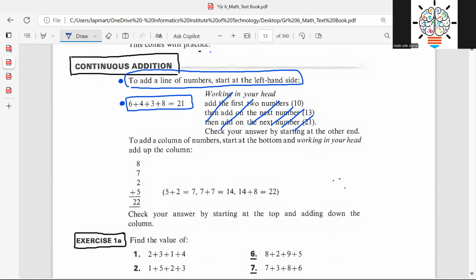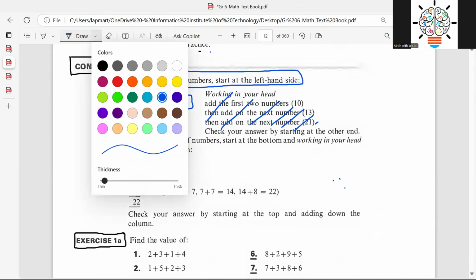You know how to do it, right? You have a few numbers to add as a line. You start from the left-hand side. 6 plus 4, 10. 10 plus 3, 13. 13 plus 8, 21.